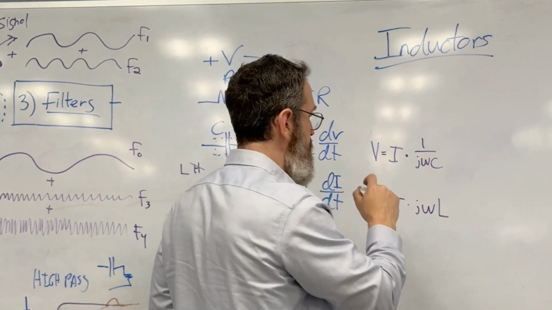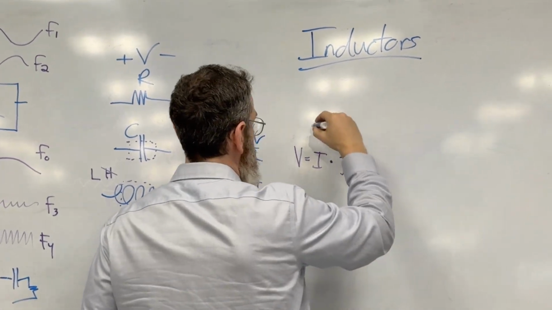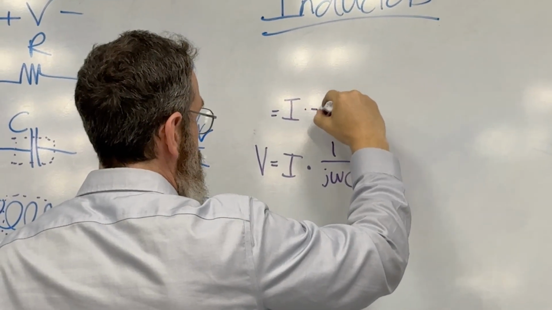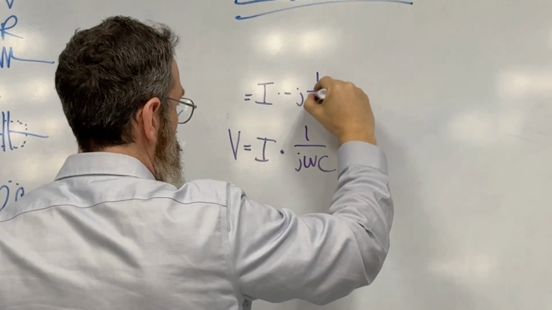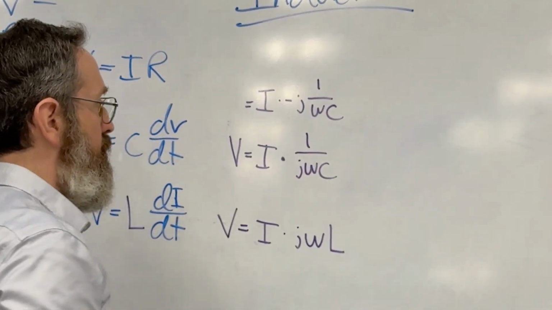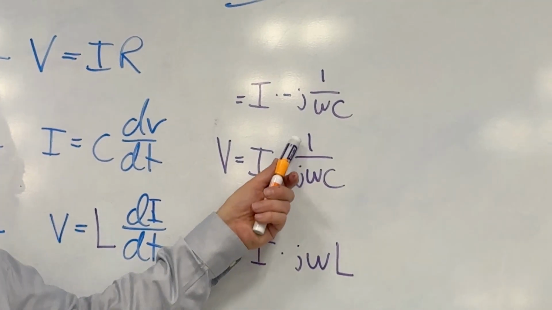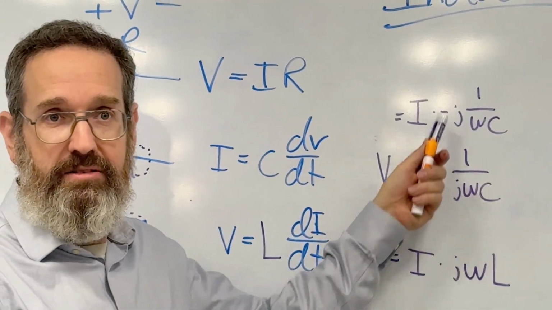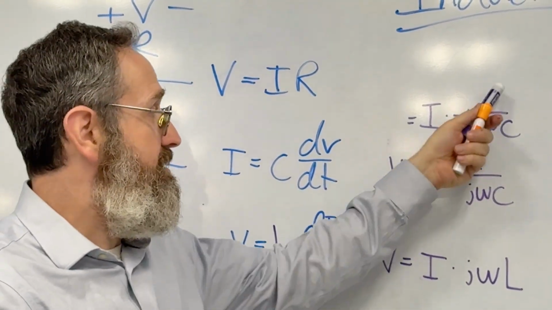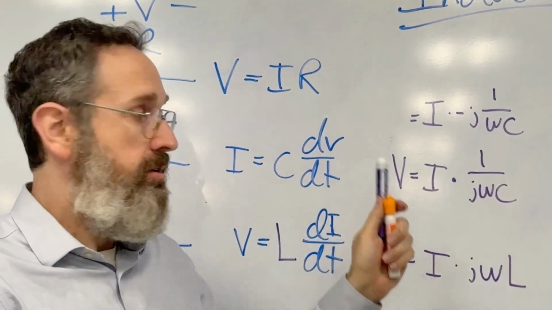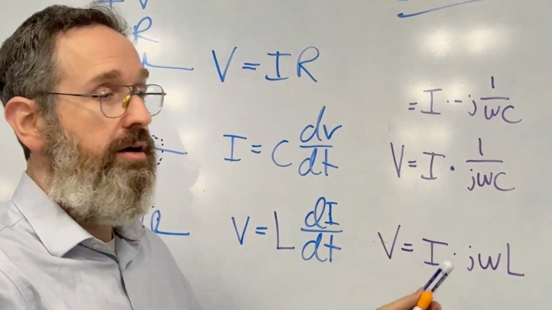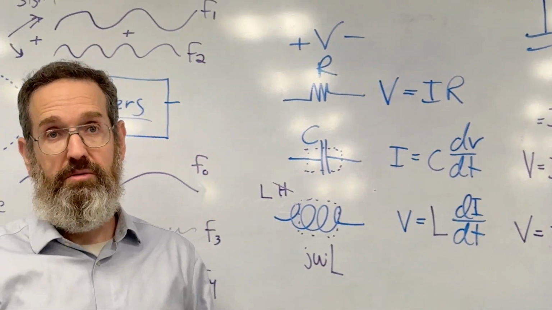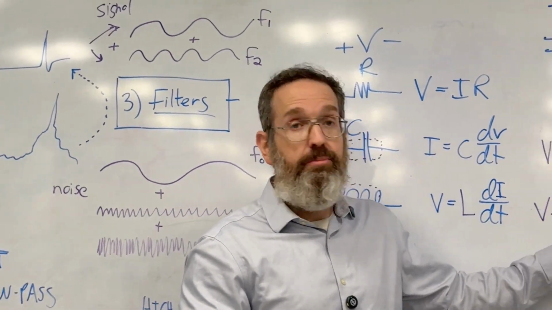And just a small point here, which will come up later, is that this here is also equal to I times minus J times 1 over WC. It's not how we normally did it, but it's going to come up later, right? Because I can multiply top and bottom by J to get a J, but then this J times J gives me my negative, right? So I times negative J times 1 over WC is the same thing here, right? But notice that I wanted to get both the J's here. And you want to notice here that there's a negative here and there isn't a negative here, and that ends up being very important as we get through it, okay?